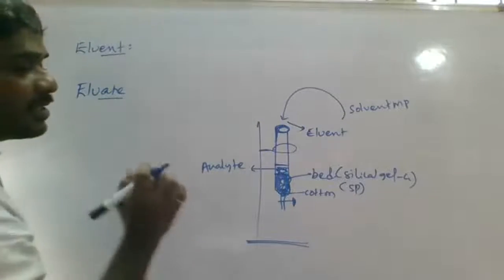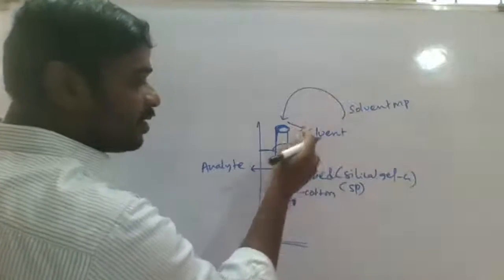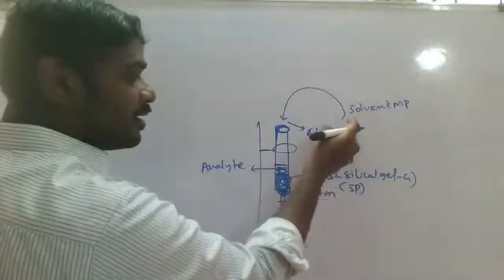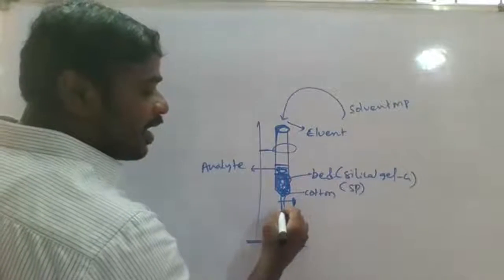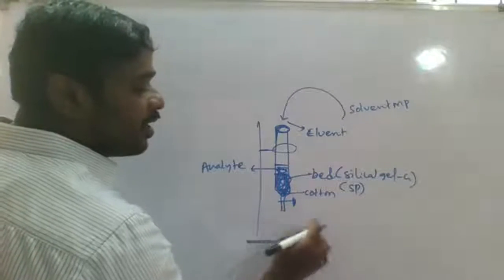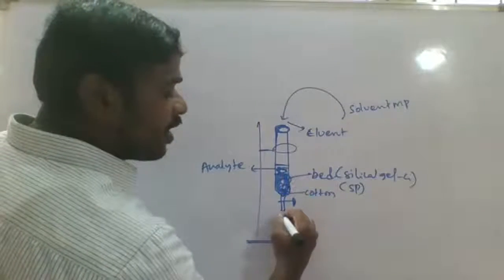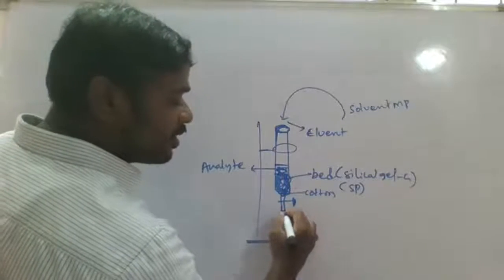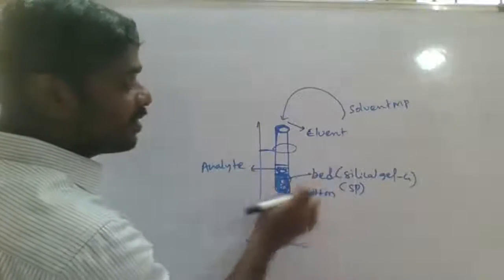Next, what is the eluate? We are introducing the solvent mobile phase to the column. The solvent mobile phase travels through the stationary phase and comes out of the column. The outcoming solvent also consists of the analyte.